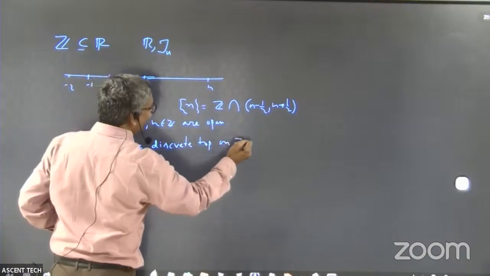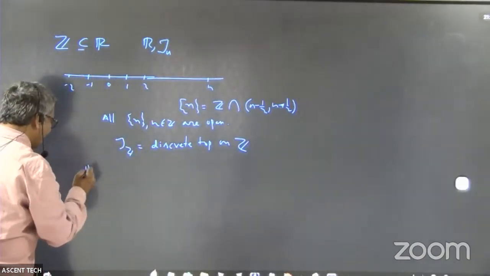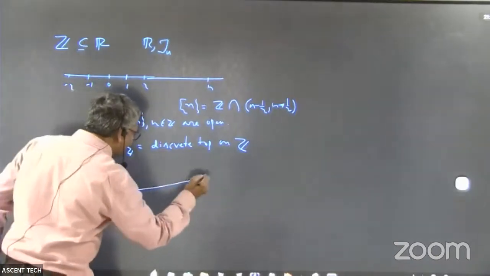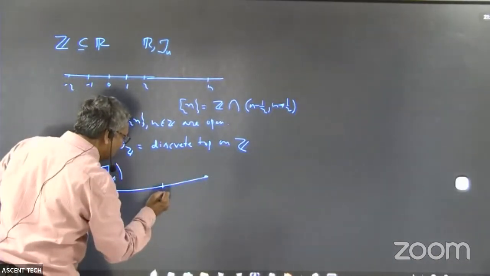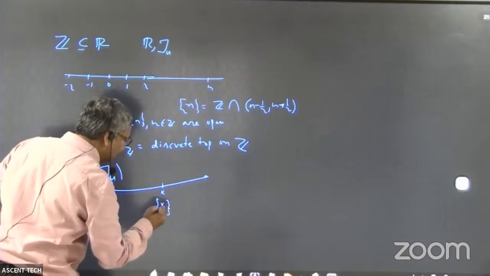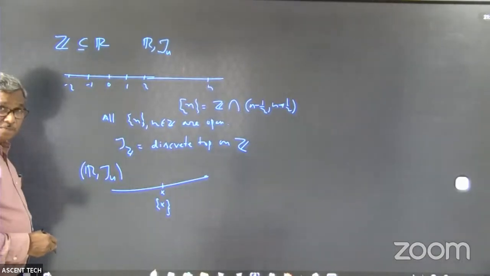This is very interesting because in the original topology on R, I can easily prove that every singleton element, whatever element x you take, the singleton {x} is actually closed. Yes or no?